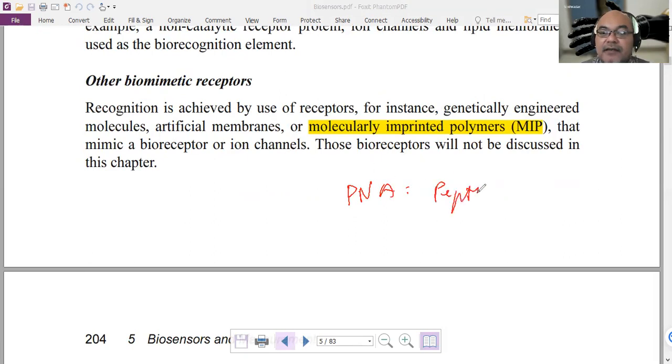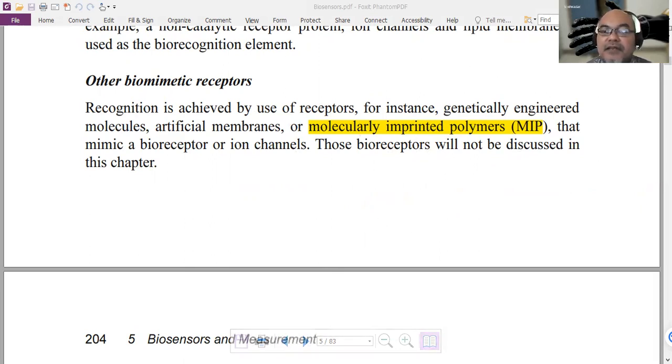Peptide is basically the basic building structure of protein. And then we have also molecularly imprinted polymers, MIP, which can work similarly to or resemble the functions of antibodies.